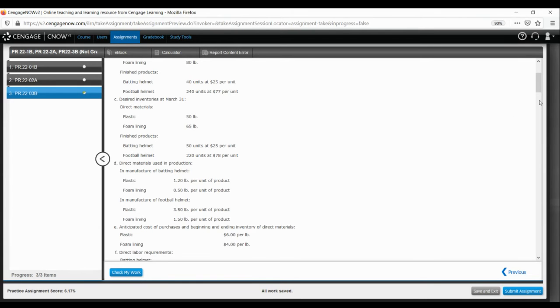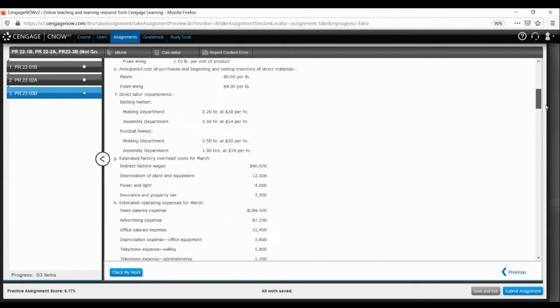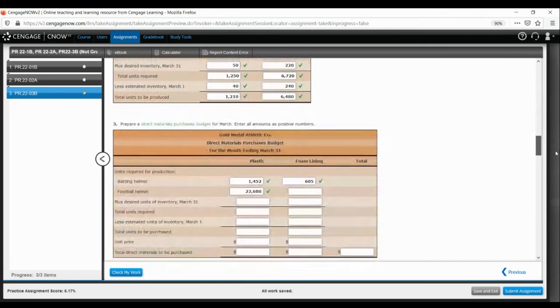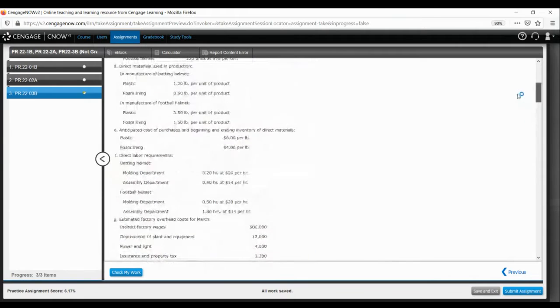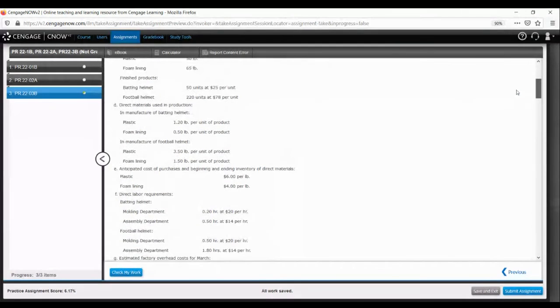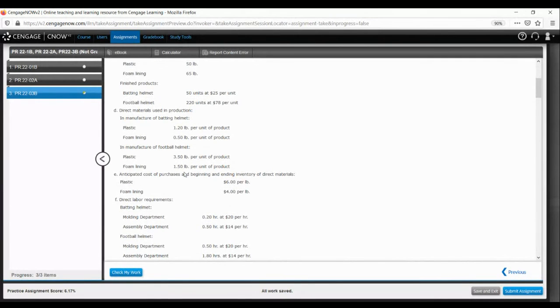So 3.5 pounds times the number of football helmets gives you the amount of plastic, and that's what we've already done. So we're looking for foam lining. So our helmets are 6,480 times the amount of 1.5 pounds.